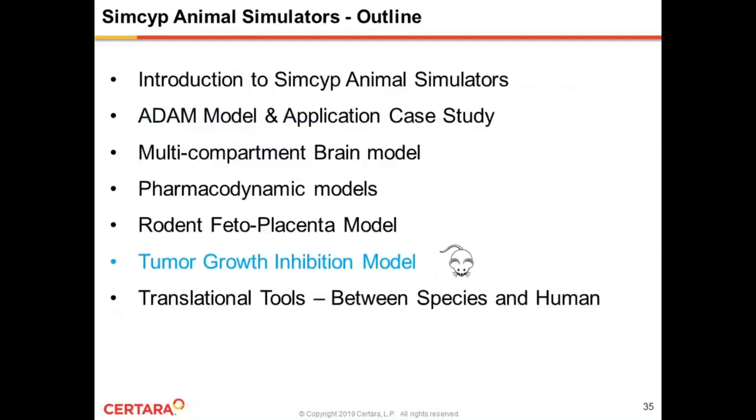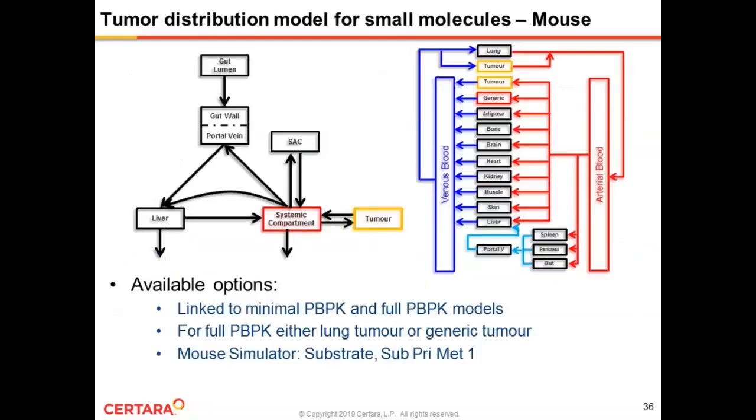Next we are looking at the tumor growth inhibition model, which was implemented in the mouse model last year. It looks at the incorporation of the tumor compartment within the overall minimal PBPK framework or the overall full PBPK framework.